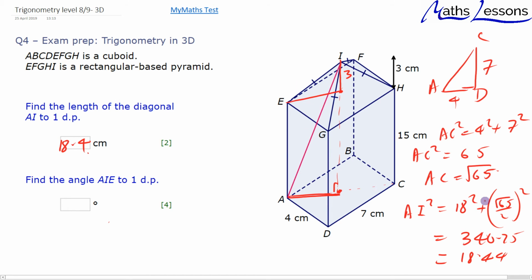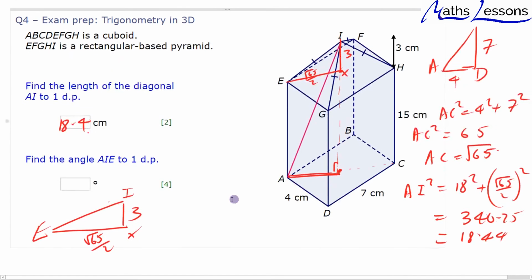No, square root of 65 over 2 over here. So therefore, let's draw that triangle out so you can see it. So it's 3, square root of 65 over 2, and you've got E and you've got I, and let's just call this point X here, which is in the middle of this rectangle, which is the top of the cuboid here.